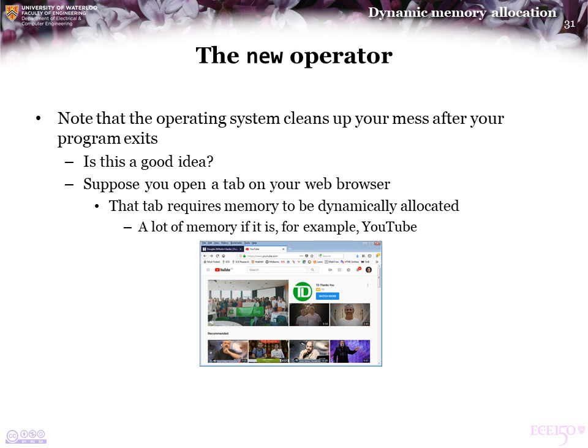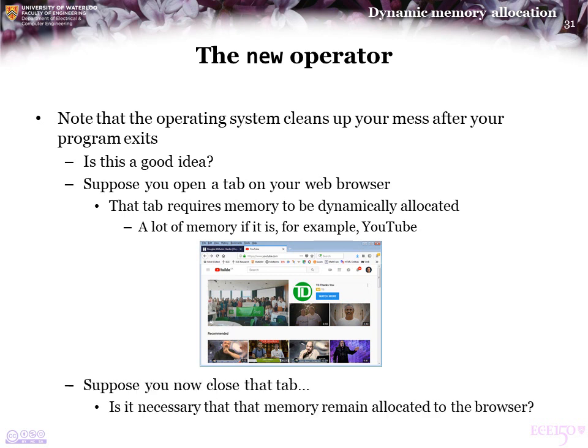On top of that, if you were to now close that tab, should that memory still be allocated to the browser? Should that memory still be sitting somewhere in the operating system's heap, flagged as being allocated to this particular browser? What happens if another browser or another program needs that memory?